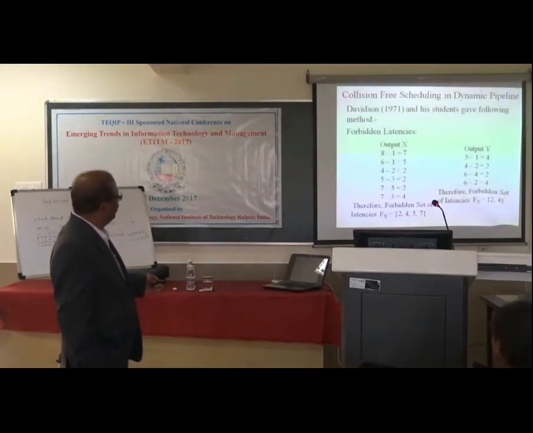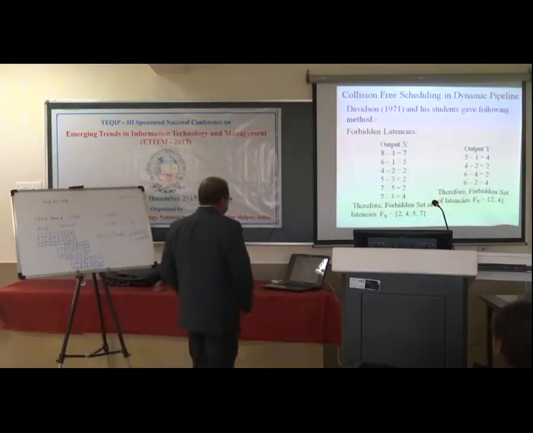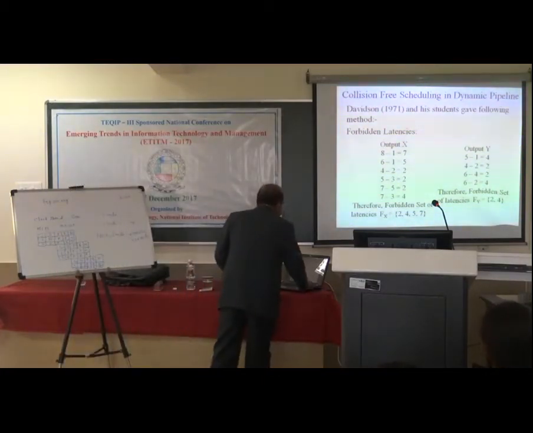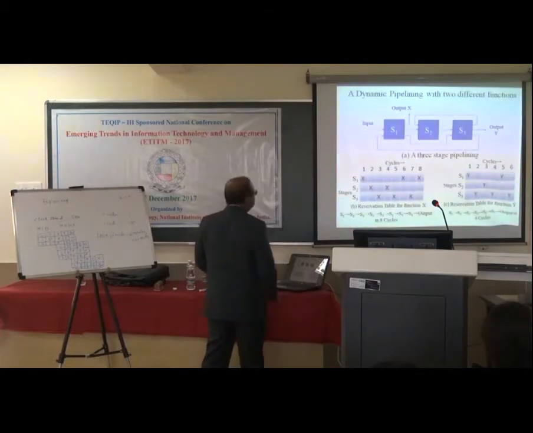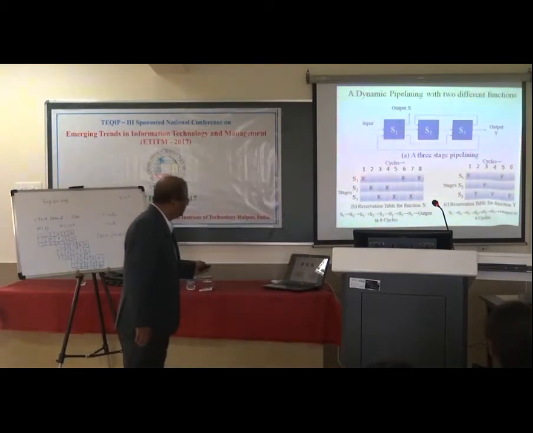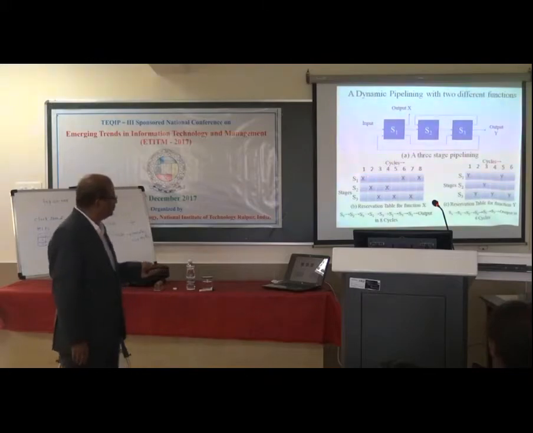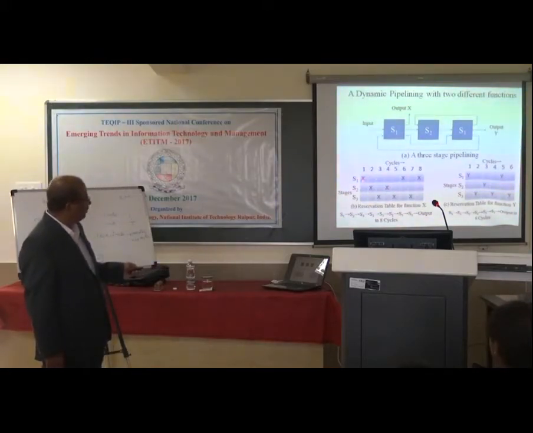So for output X and output Y, see, in this reservation table, suppose S1 is occupied in the first clock cycle, then in the 6th clock cycle, then in the 8th clock cycle.